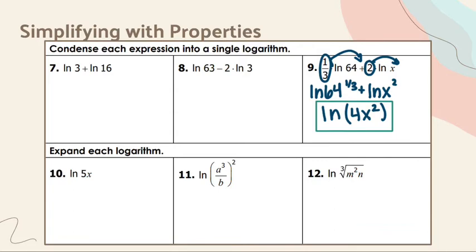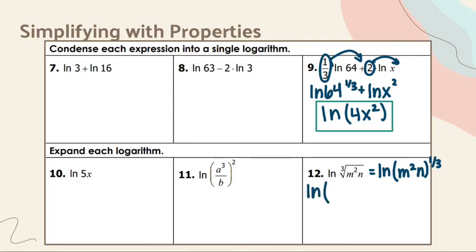Then I'll do number 12 with you as well. On number 12, we have the natural log of the cube root of m squared n. So this is the same as natural log of m squared n to the 1/3 power, because we can write a cube root as an exponent of 1/3. Then if we take these to the 1/3 power, we have to multiply the exponents.